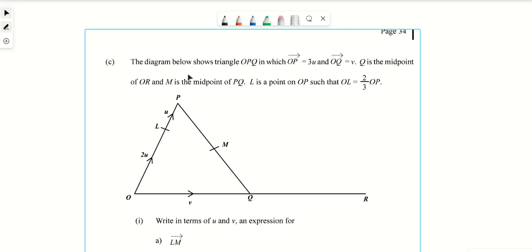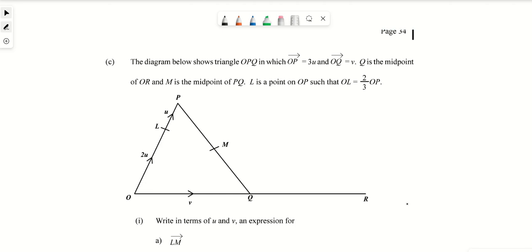They said the diagram below shows triangle OPQ, in which OP is 3U, and they showed you: it's 2U plus U here, is 3U. OQ is V. Q is the midpoint of OR. So it is safe to say from that information that OQ and QR are the same, so this is also V. And M is the midpoint of PQ.